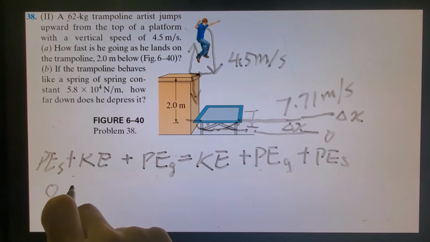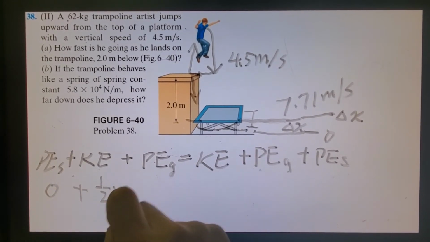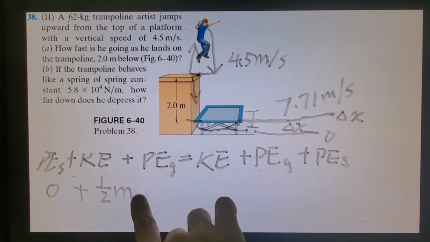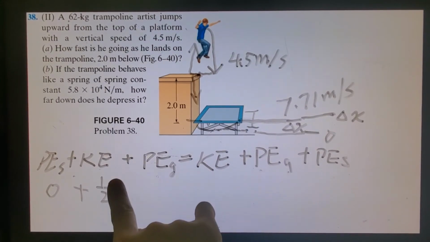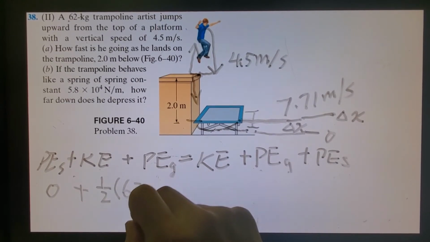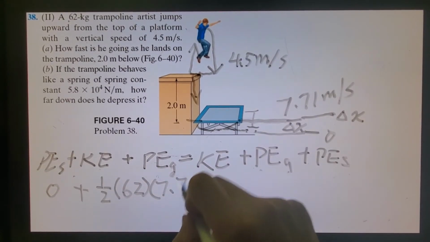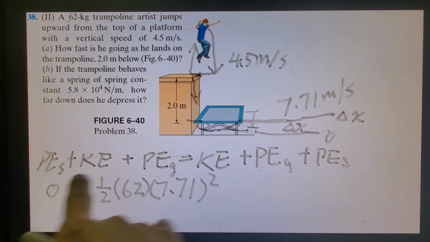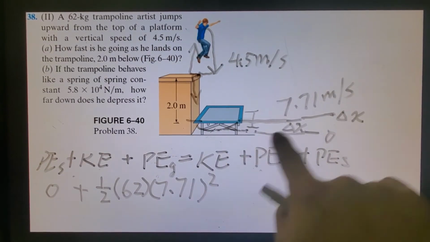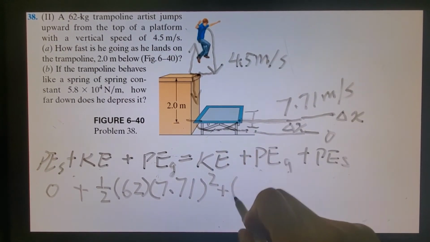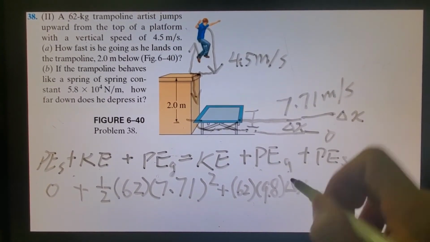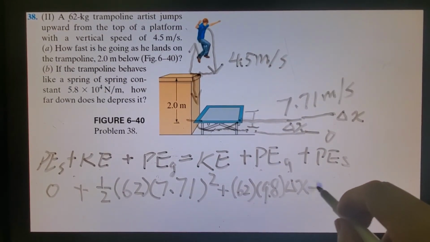Kinetic energy is equal to half m v final squared, and I'm going to plug in everything: m is 62 kg, v is 7.71 meters per second. Plus the potential energy due to gravity, m, 62, times g, 9.8, times h, that is delta x. That's right before it hits the trampoline.